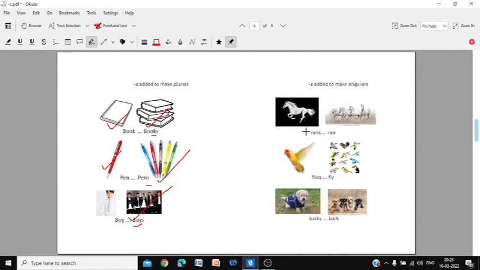Horse runs, horses run. Birds fly, but one bird flies. One dog barks, but dogs bark. We are adding S to make it singular, and we are removing S to make it plural, just the opposite of what we did here.